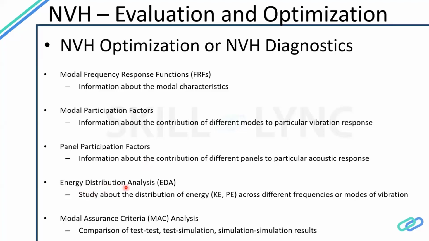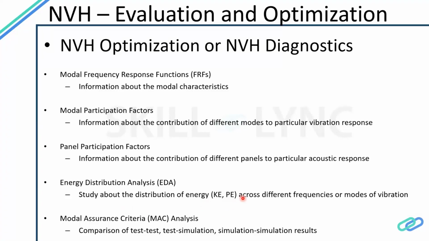Then comes the energy distribution analysis. Energy distribution analysis is mainly used to identify whether the modes in the system are coupled or decoupled. Coupled modes are always unwanted, and you should avoid them. For example, say at 10 hertz we have a certain mode of vibration, and we calculate the energy distribution, say the kinetic energy or potential energy, say strain energy, at this particular frequency.